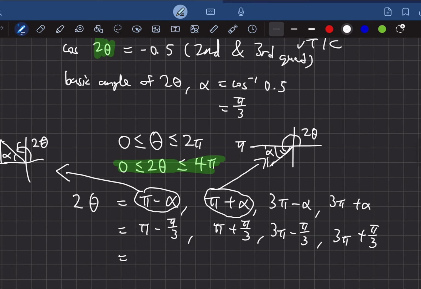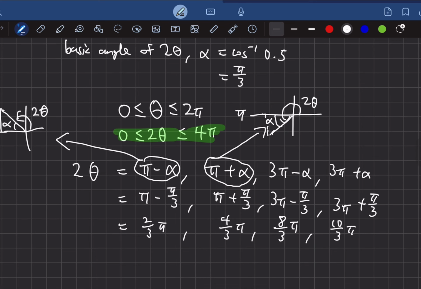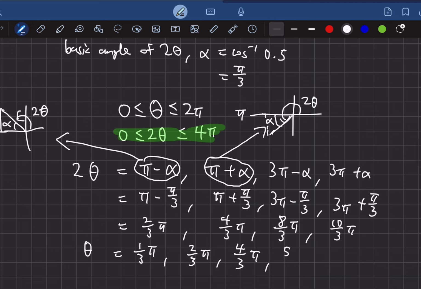So here I'll have 2 over 3 pi, 4 over 3 pi, 8 over 3 pi, and 10 over 3 pi. Then divide by 2 because we are asked to find theta. 1 over 3 pi, 2 over 3 pi, 4 over 3 pi, and 5 over 3 pi.